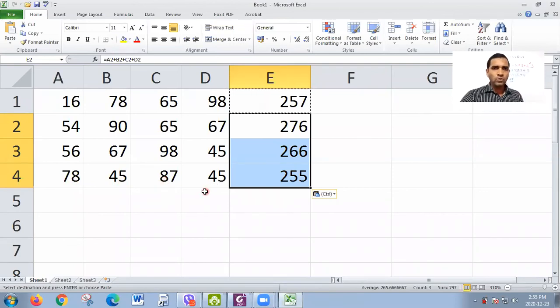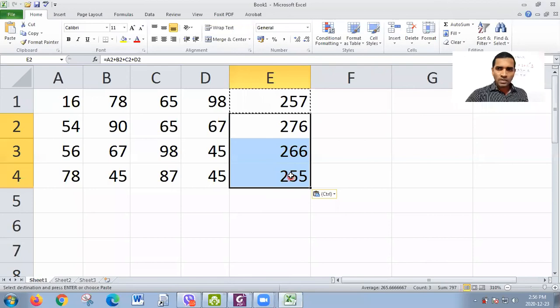This is the formula to be typed to get 255. Have you got my point? If you think about a formula to be entered in E4, definitely it would be equal A4 plus B4 plus C4 plus D4. But just double click on this cell E4 and see the result.